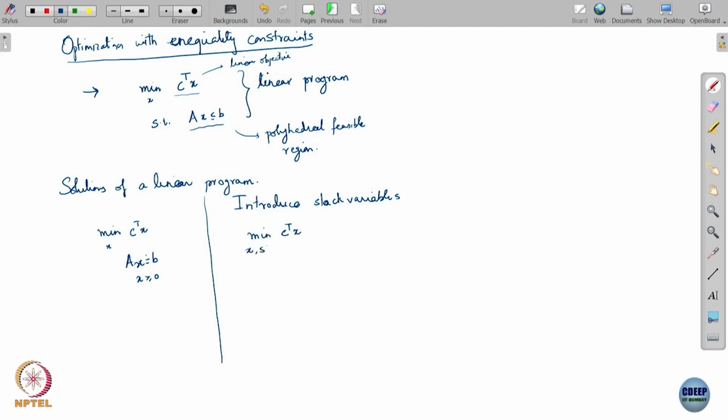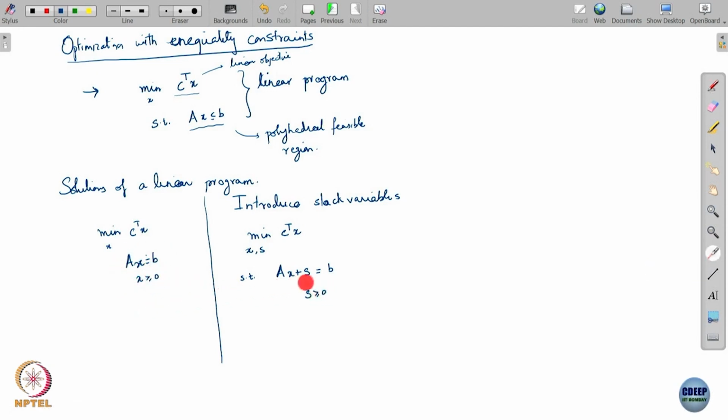You are minimizing C transpose x subject to the constraint A x plus s equals b, s greater than or equal to 0, and now the variables over which you are optimizing are both x and s. Now, is this problem in the form of this problem?